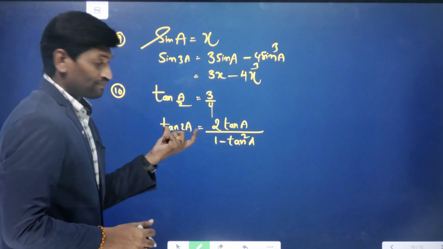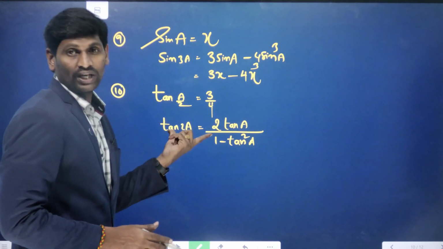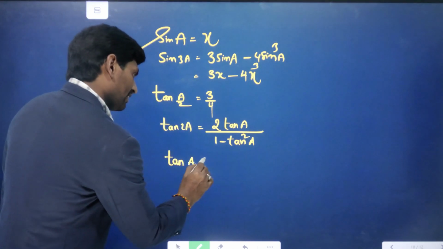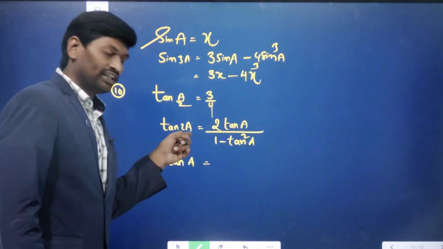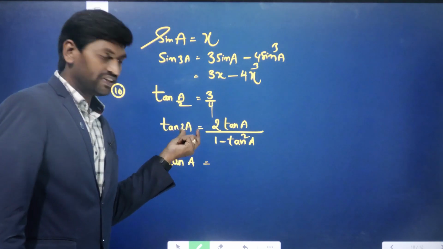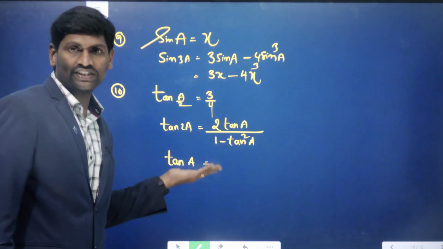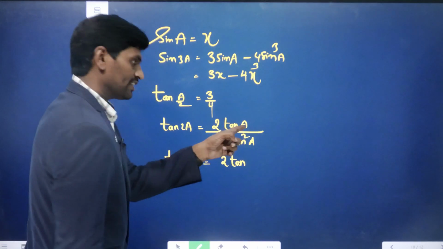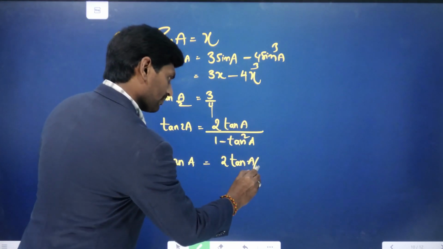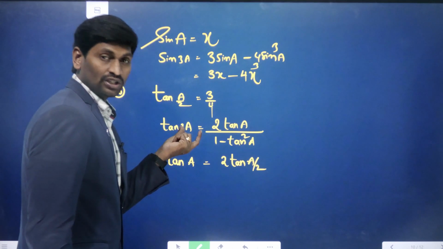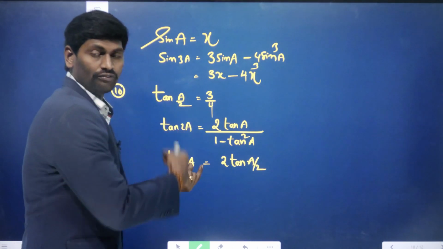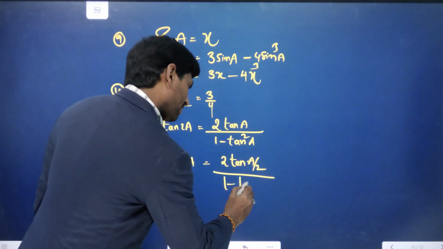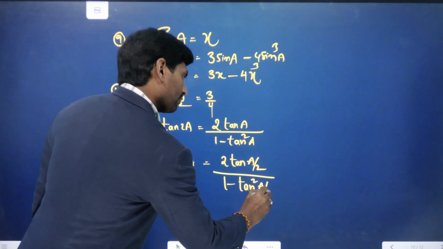If we apply it to tan A, A is nothing but half of 2A. 2A half is nothing but A. Same way here also, everything we are going to take as half. In the place of A, we should take A by 2. Whenever in the place of 2A you are taking A, that means you are taking half, so in the A also you have to take half, A by 2. So 2 tan A by 2 by 1 minus tan square A by 2.